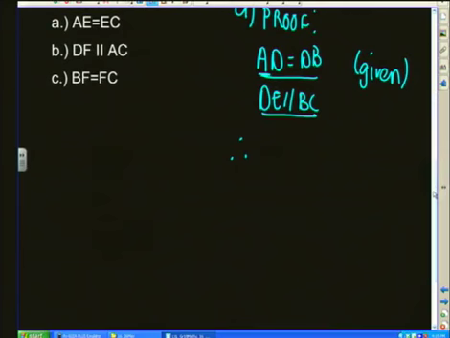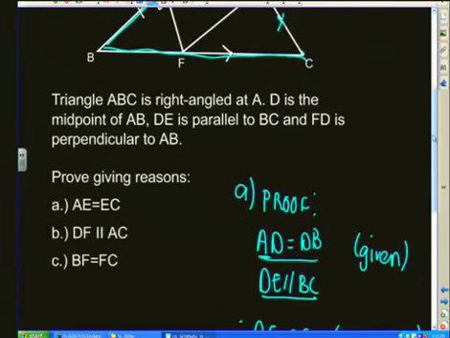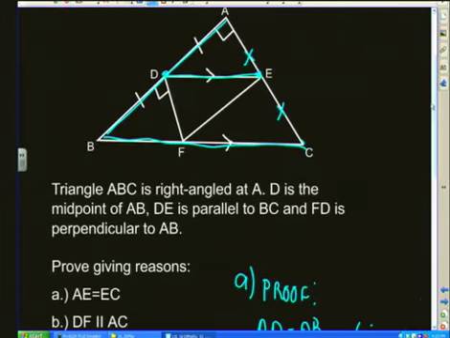So therefore, AE is equal to EC, and your reason here is midpoint theorem. That's a very straightforward one, just giving you an idea of how you should set up your proof in geometry. You start with your statement, and then your statement is followed by a reason for making that statement.